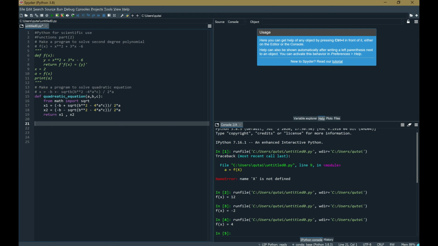And here we write s equal to quadratic equation. I guess I should just copy paste quadratic equation, and here we want a, let's make a equal to 2, b equal to 9, and c equal to 1.